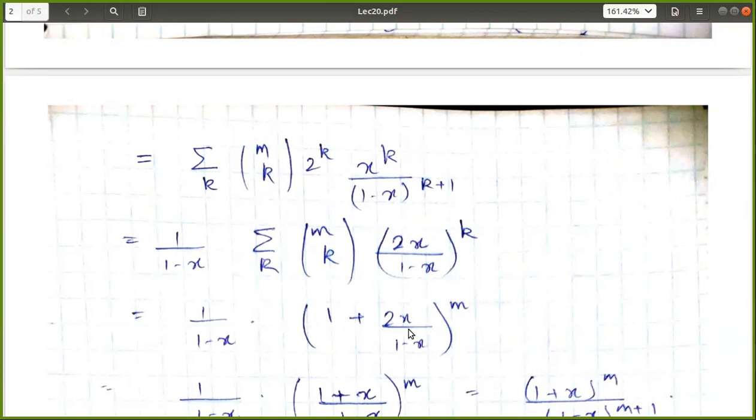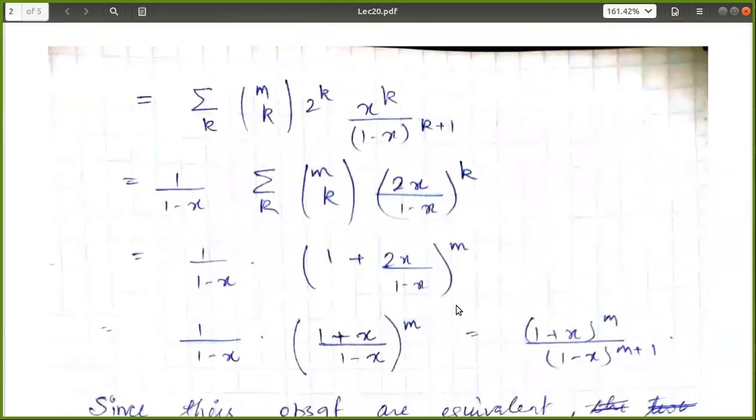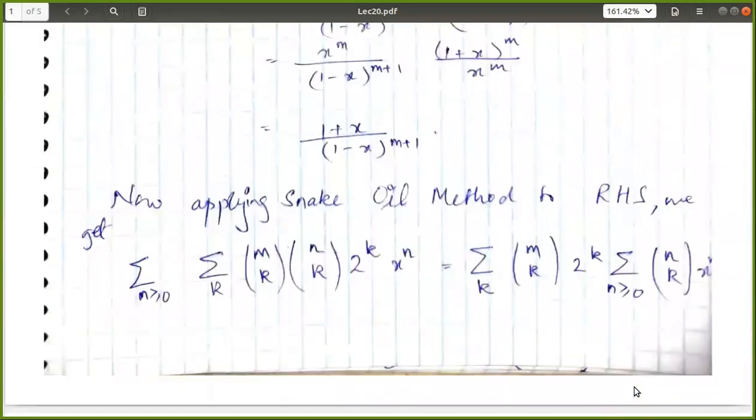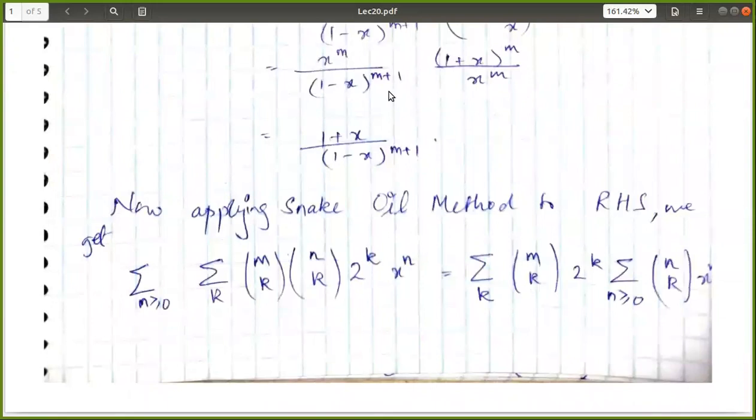So 1 plus x over 1 minus x raised to m. Just collecting terms together, you have 1 plus x raised to m and 1 minus x raised to m plus 1. Isn't this equal to this? Of course, that is a bracket.